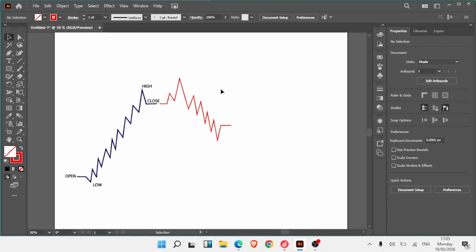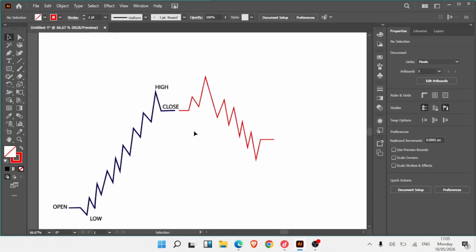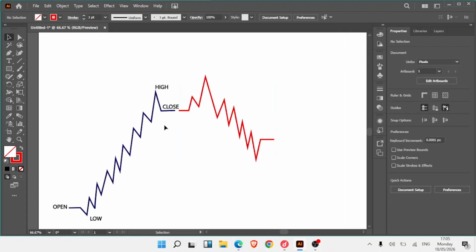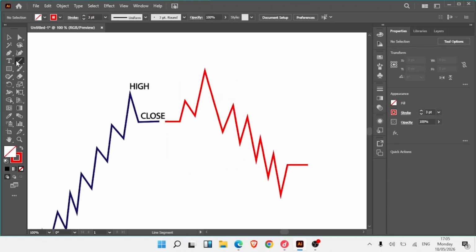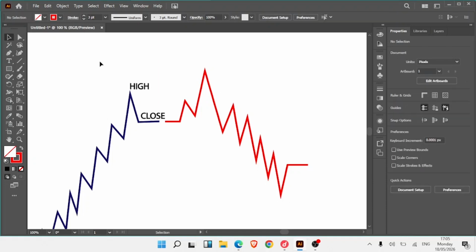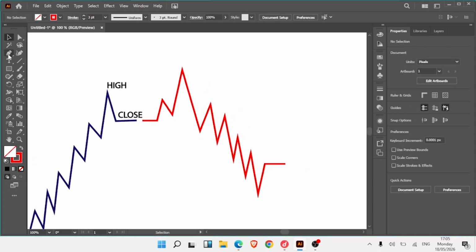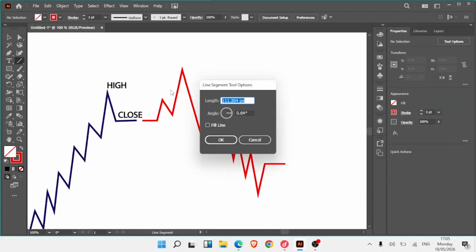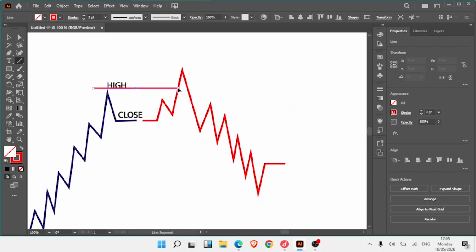So I want to show you how this is a typical CRT model, how it forms in the lower time frames as price is moving. For this to be a valid change in bias for this day, here it was a bearish day, assuming this is Monday and this is Tuesday, you'll have price sweeping this high.